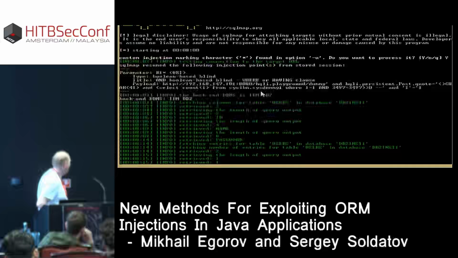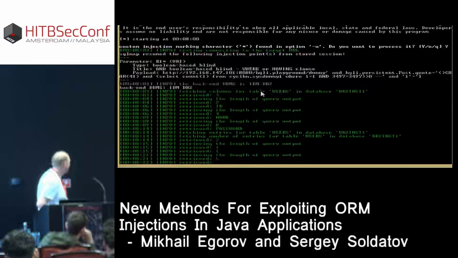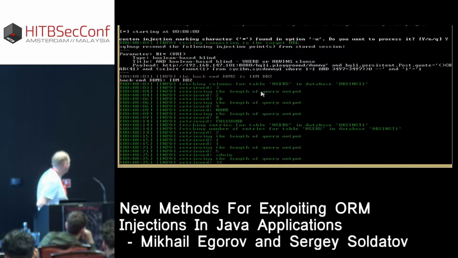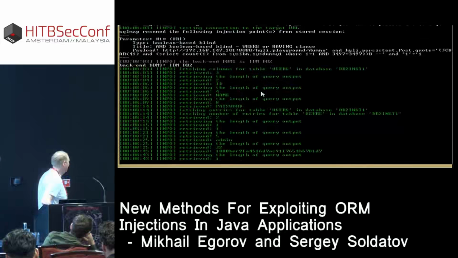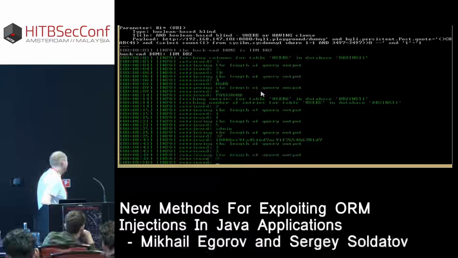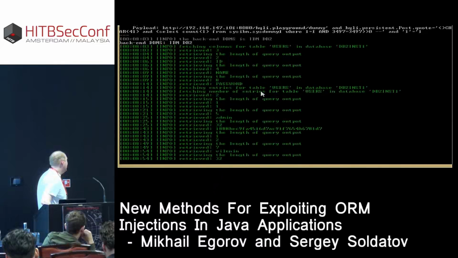Password. Admin. 32. It's the length of the password. Actually, it's a password hash. The second row, VI Lenin. Who doesn't know who Lenin is, just ask me.